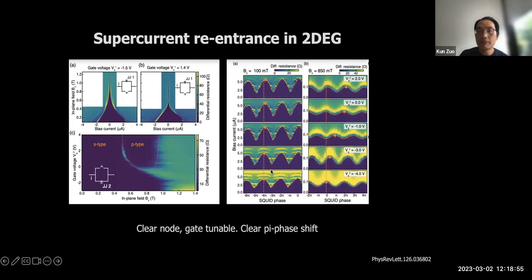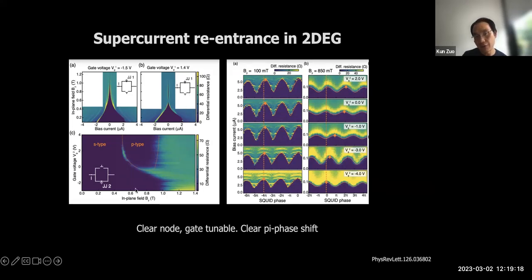There's another paper working in a different system, basically an indium arsenide quantum well. They also observed clear nodes, and the nodes are tunable, right? On top of that, they even measured a pi phase shift after implementing SQUIDs in the system.